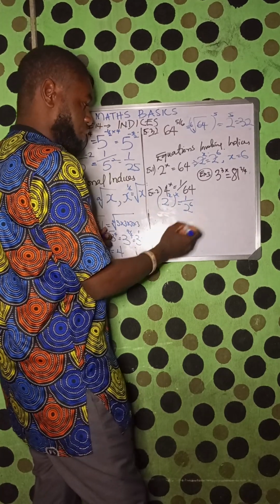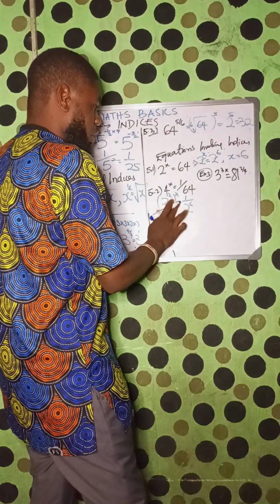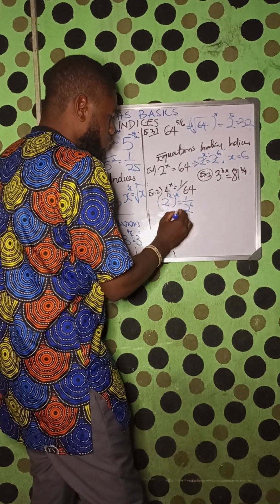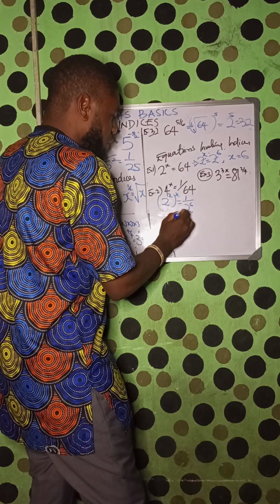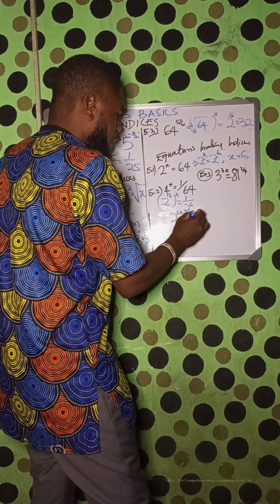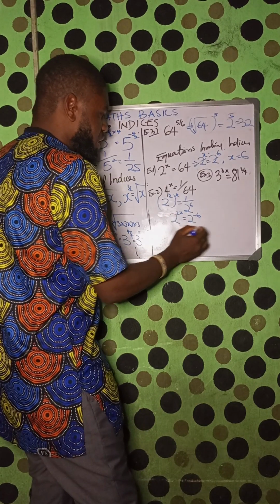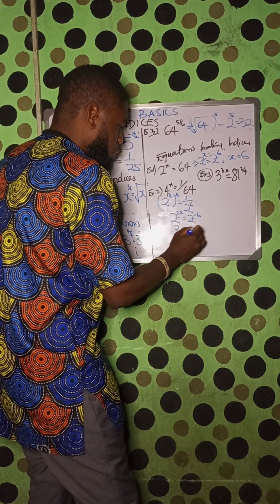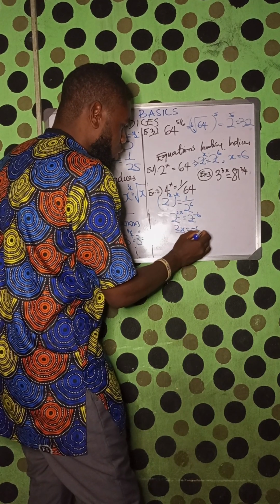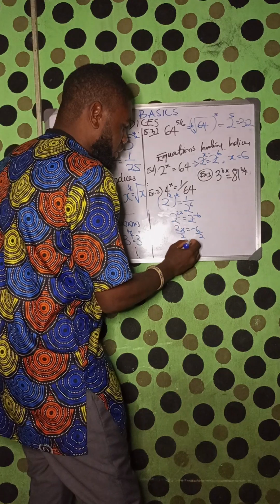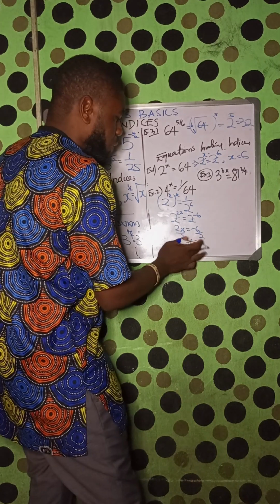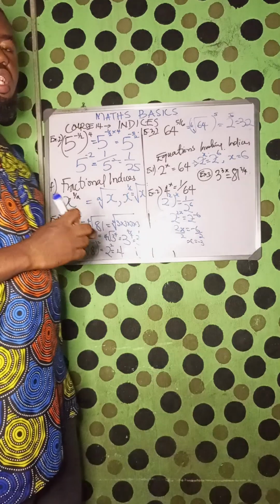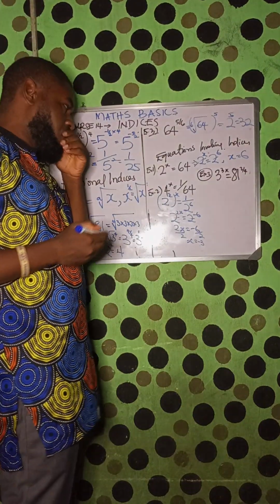Any way I want to solve it, I can still get the same answer. So if you clear the base 2 and 2, you have 2x equals minus 6, divided by 2, divided by 2, your x is equal to minus 3. The same thing I got in the previous one. So anyhow you want to get it, you're okay.